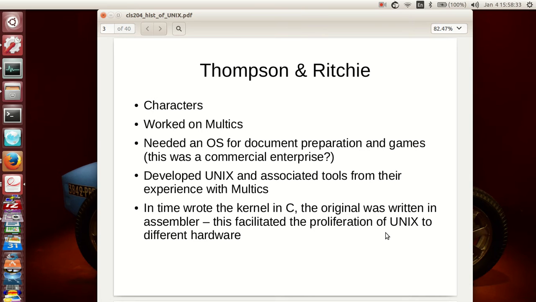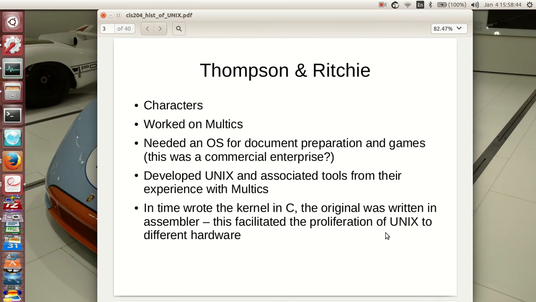So they conceived the notion that they could do text processing with this new operating system called UNIX, and that would free up a lot of time and effort in Bell Laboratories. And this was all in justification for picking up a brand new PDP-11/70. So basically what happened is UNIX was born out of Ken Thompson's necessity to find a new operating system for a game that he was playing.